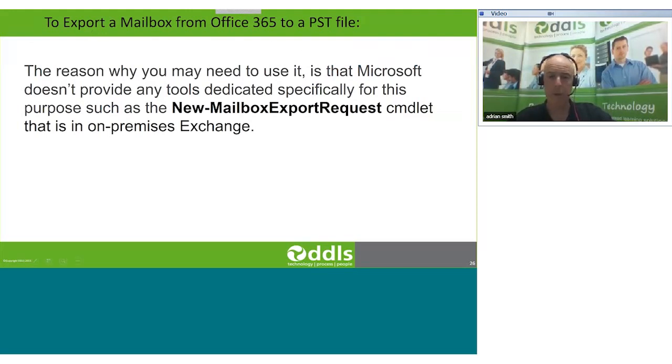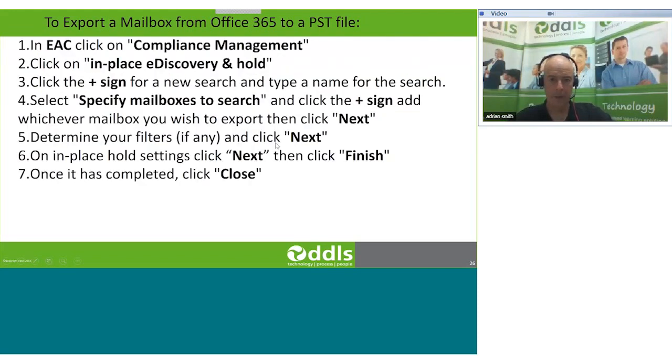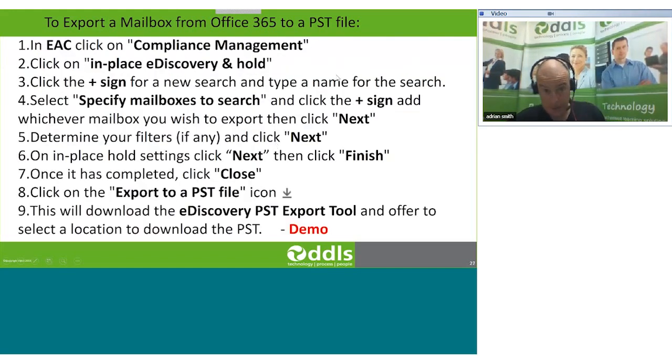But unfortunately there isn't with Exchange Online, so there's a bit of a workaround to do it. We can go into the compliance management and then in-place discovery hold, pick the mailbox we want, and then we can choose to export it. Eventually, once we've run that first task, there'll be an option to convert it into a PST file and store it locally. It does a little download to do it.